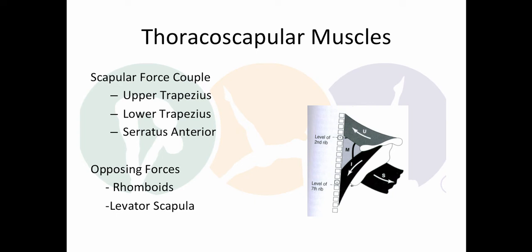So we'll talk about this with the exercises, and you'll realize that you really need to do your shrugs with your arms overhead so that we lengthen the levator scapula and work the upper trapezius, or the good guy, in this relationship. And we'll talk about this more. We'll be having a shoulder lecture soon that you'll be able to take advantage of, and we'll go into greater detail on the muscles of the scapular area and how they relate to normal, healthy function of the shoulder.